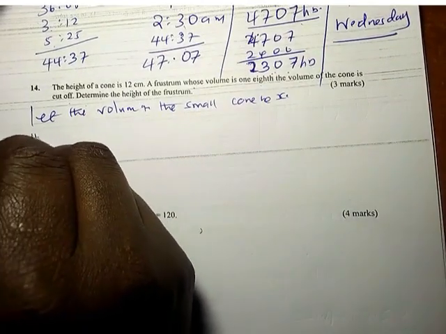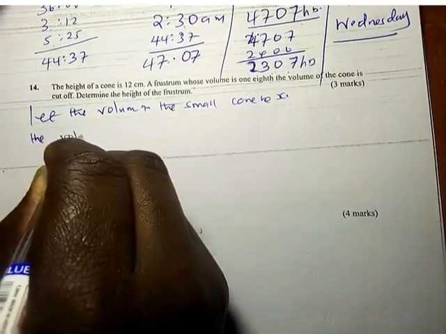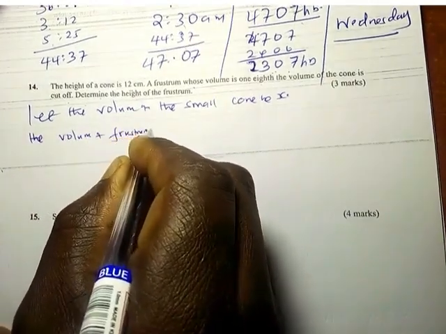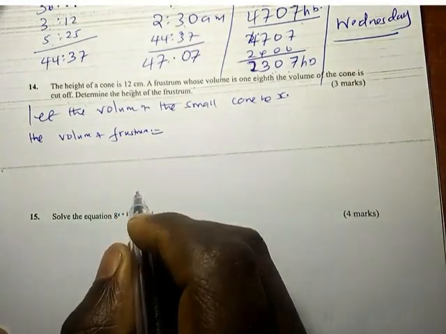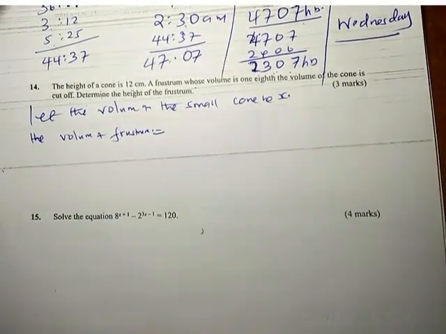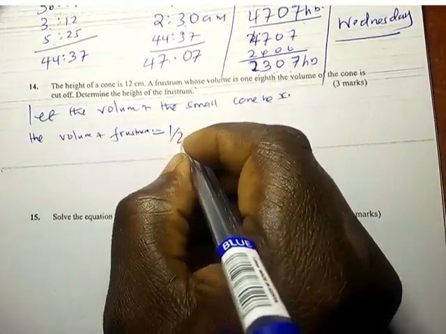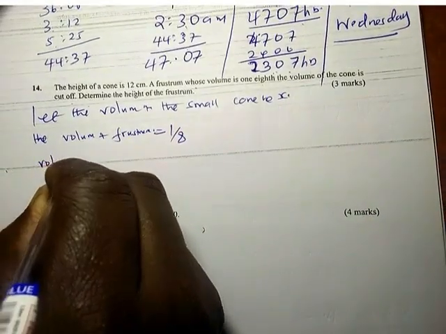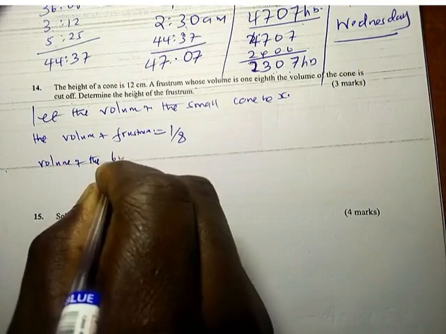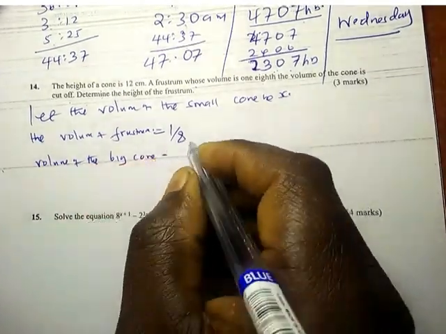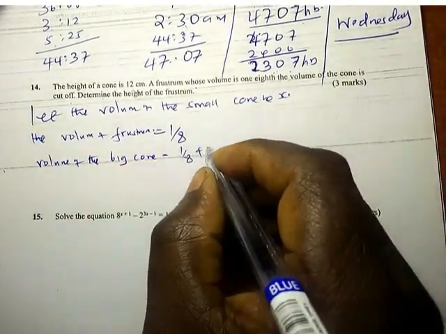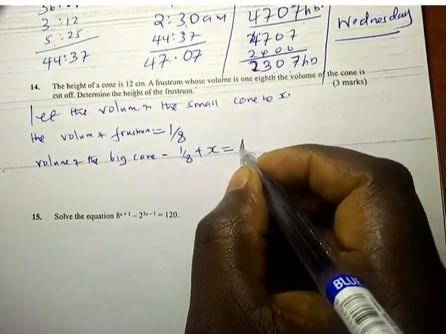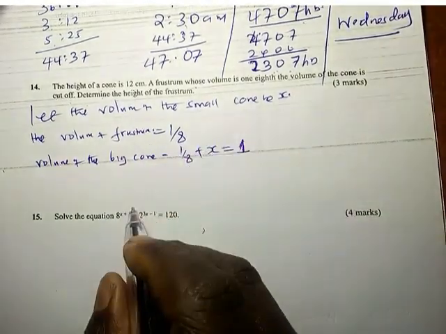So the volume of the frustum is equal to 1/8. So the volume of the big cone will be 1/8 plus x, and that one should give us the total volume, the whole cone.